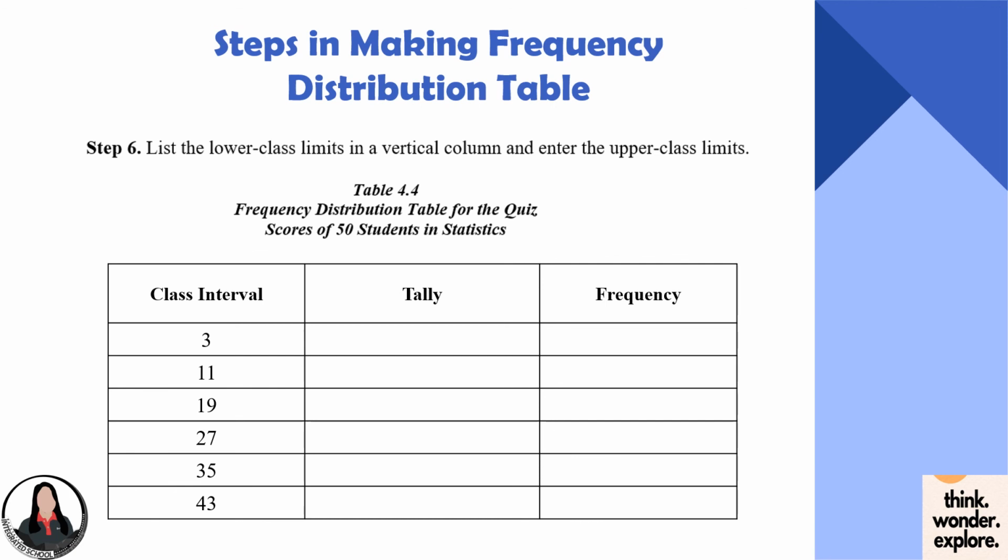So our first class ends at 10. Since the third class started at 19, the second ends at 18. Then this becomes 26, this is 34, and then 43 started, so 42. And then 43: since our class width is 8, 43 plus 8, including 43, we have 50.